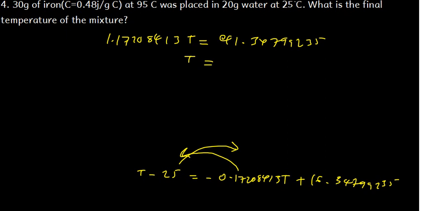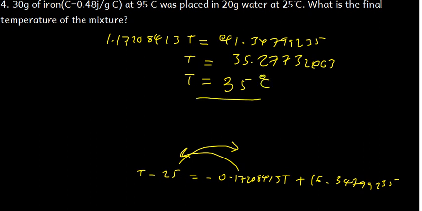So 41.34 divided by 1.17208413 is going to give a final temperature of 35.2773246, which we can simply give as 35 degrees Celsius. Okay, so that will be the final temperature then.